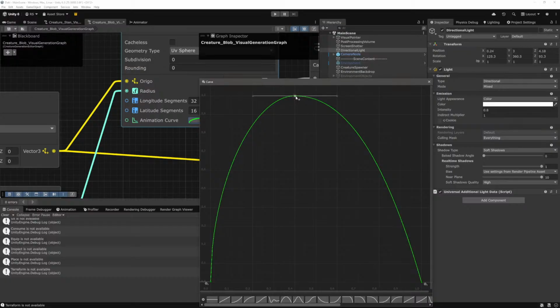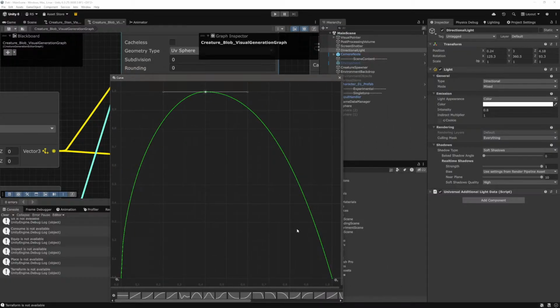So this shape is given by... I wonder if we can create... let's see, we want to be able to create animation curves randomly, but we want to be able to state a set of rules for our animation curves.